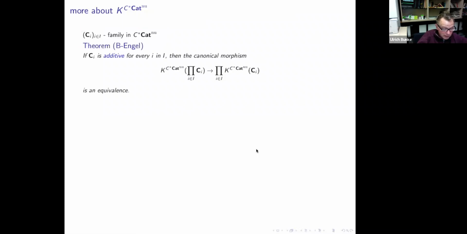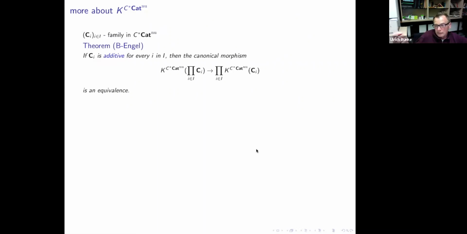Yeah, so, first of all, product preserving. So if you have any family of C-star categories, and then we have the following. If every member of this family is additive, then these categories are unital. Actually, saying non-unital is maybe too much, because if I assume it's additive, then these categories are unital. Additive means it admits finite sums.